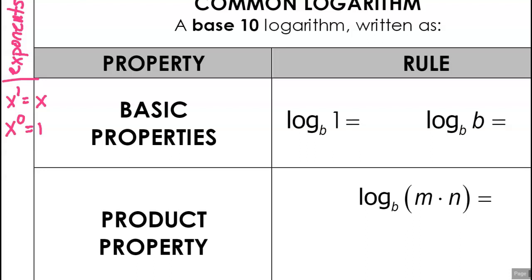So, remember what a log is asking. What power do you raise b to equal 1? What do you think the power has to be on b to equal 1? Yes, this is 0. Good. What about the next one?